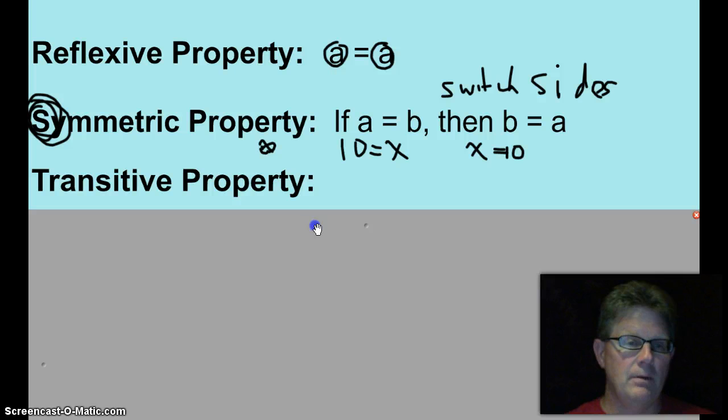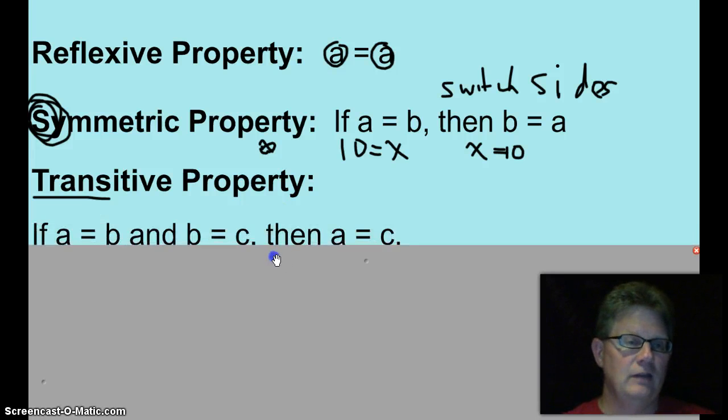Okay, the transitive property. Wait a minute, before we go on, where have you heard the word trans before? Maybe you've heard of transatlantic, or a transcontinental railroad. Trans means to go across.